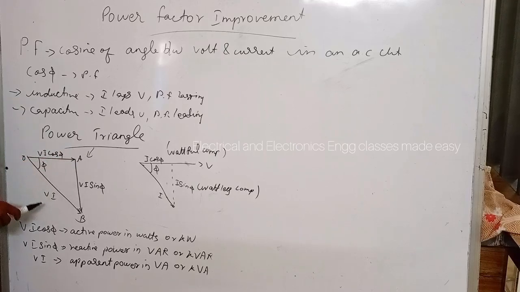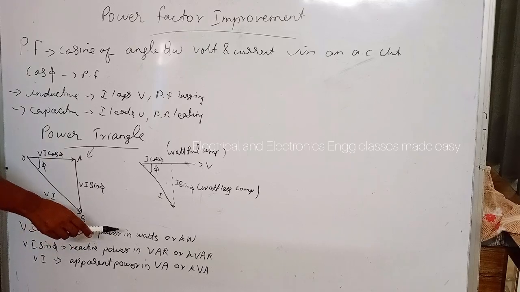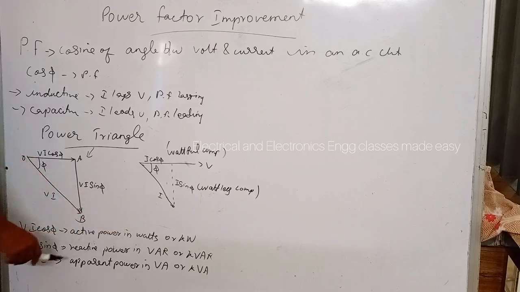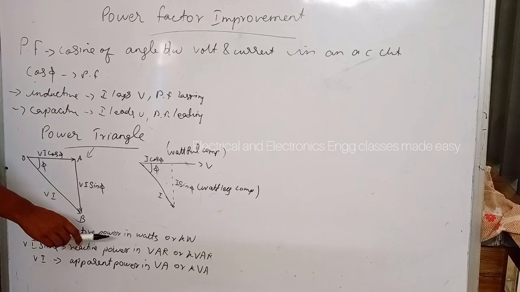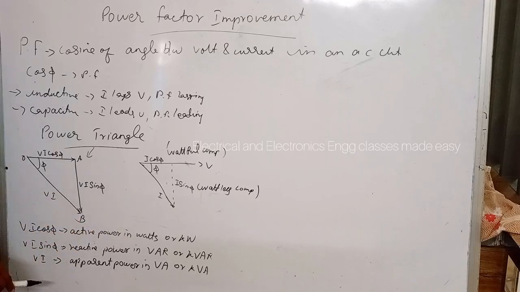Here VI cos phi, that is OA, is the active power in watts or kilowatts, and AB is VI sin phi, which is the reactive power in VAR, that is volt ampere reactive or kVAR, and OB is V into I, that is apparent power in volt ampere or kVA, that is kilovolt ampere.